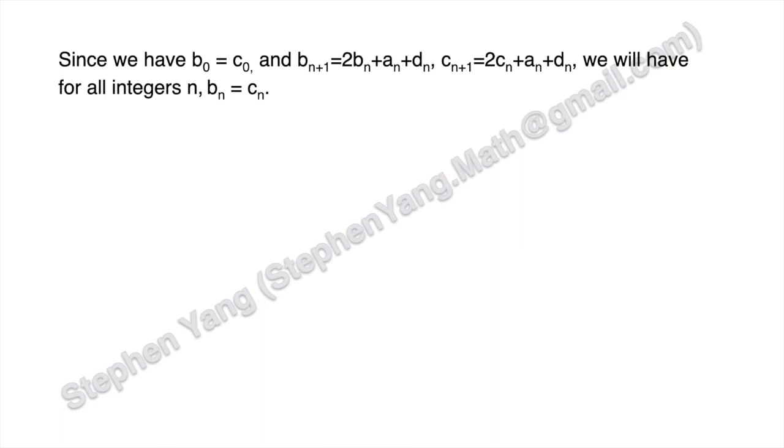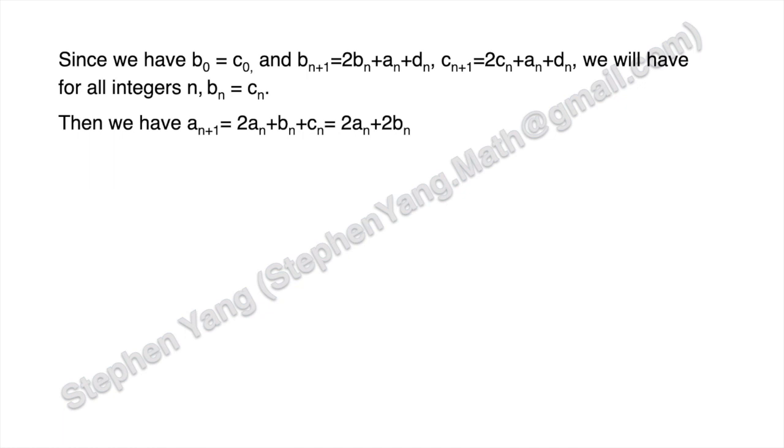Since we have b_0 equals c_0, and b_(n+1) equals 2b_n plus a_n plus d_n, and c_(n+1) equals 2c_n plus a_n plus d_n, we will have, for all integers n, b_n equals c_n.